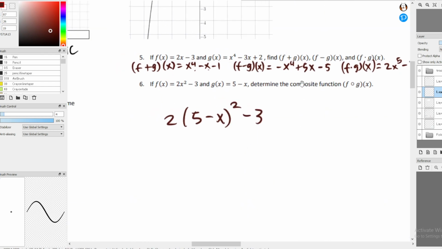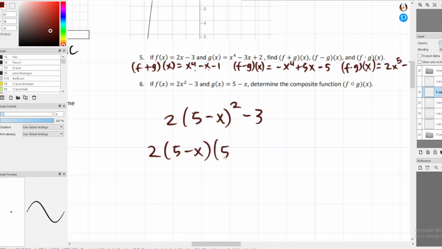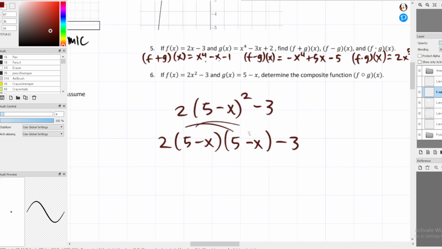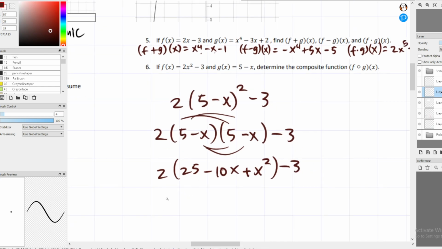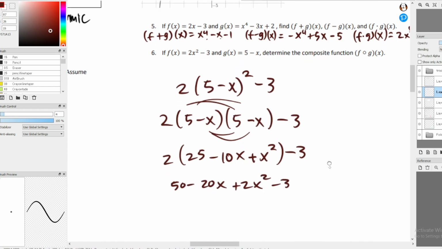And now we are going to simplify. So this needs to be expanded and FOILed out. So 2 times 5 minus x times 5 minus x minus 3. And then we'll FOIL, which will give us 2 times 25 minus 10x plus x squared minus 3. 2 times all that would give me 50 minus 20x plus 2x squared minus 3.